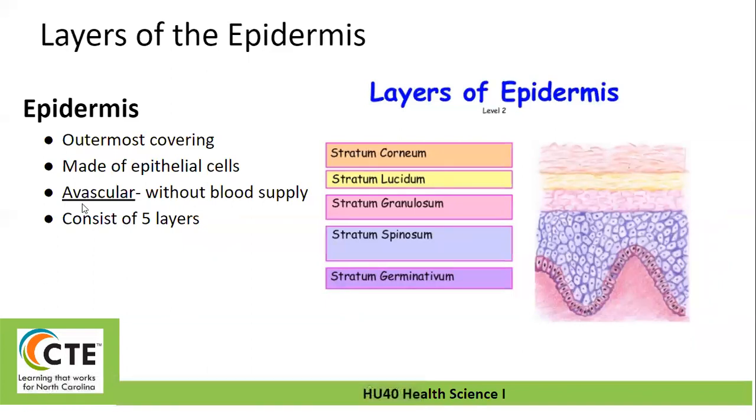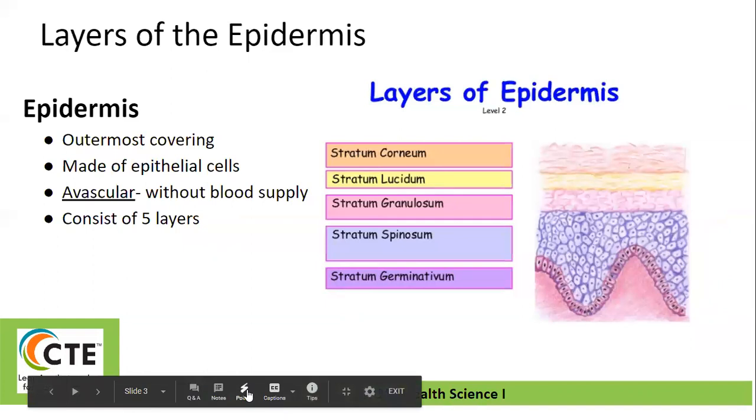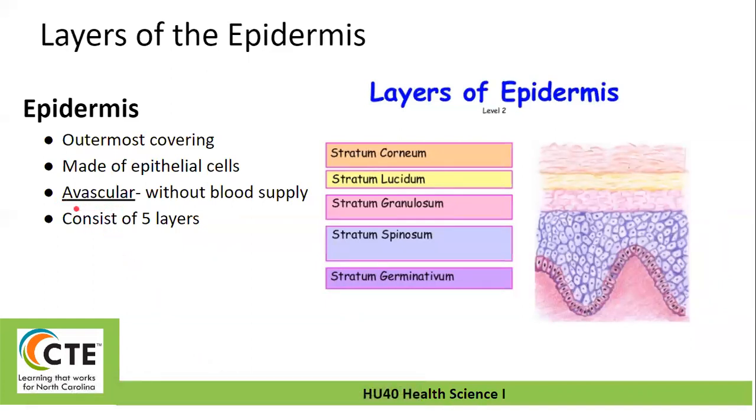It is avascular. A means without, vas is vessels. So it has no blood supply whatsoever, which is why I can take my finger now and scratch my skin right here and it doesn't bleed, because I'm scratching my epidermis.